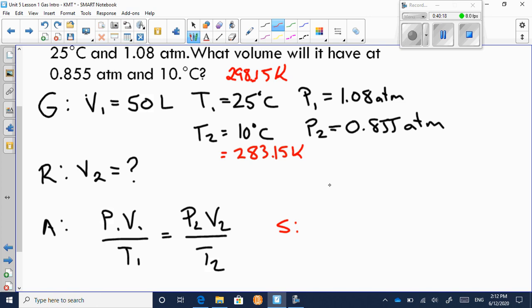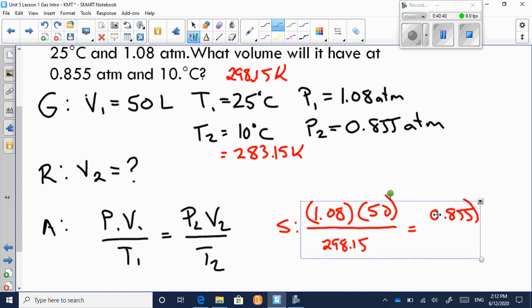So P1 is 1.08. V1 is 50 liters divided by T1, which was 298.15 Kelvin, is equal to 0.855 atmospheres times V2, which is our unknown.